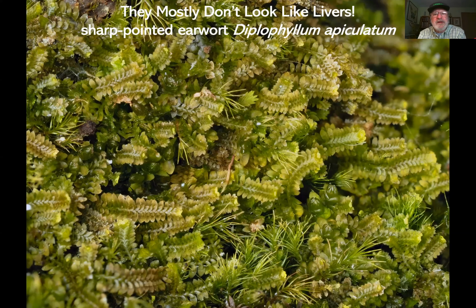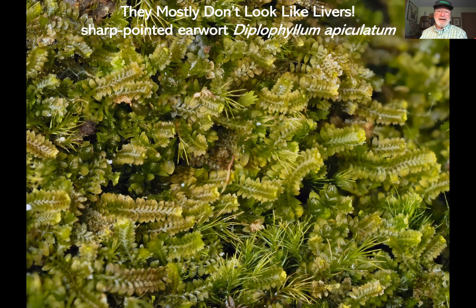The first surprise about liverworts is most of them don't look like livers. Liverworts are named for the resemblance to a liver, the old doctrine of signatures that said a plant looks like a part of the body that it can cure ailments of. And that is true for some liverworts, the so-called thalloid liverworts.